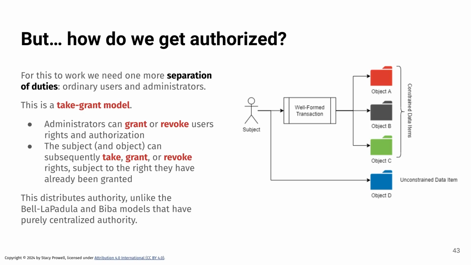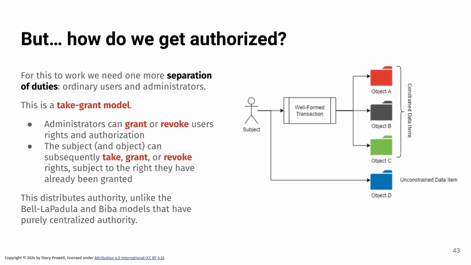Here, we want to be a little more flexible, so we have what's called a take-grant model. An administrator who has extra privileges can grant a subject or a user rights and authorizations and can revoke those rights and authorizations. Great. We've had that before. That's basically what we already had.